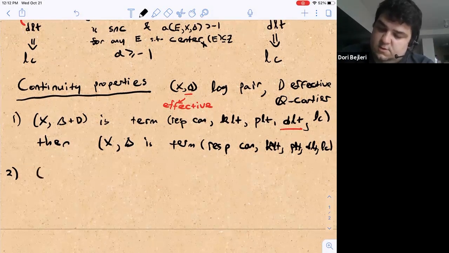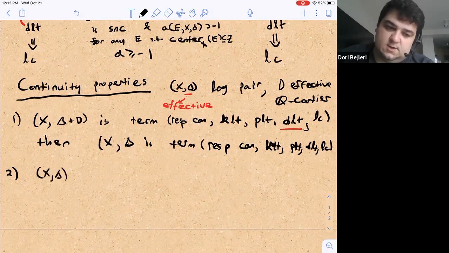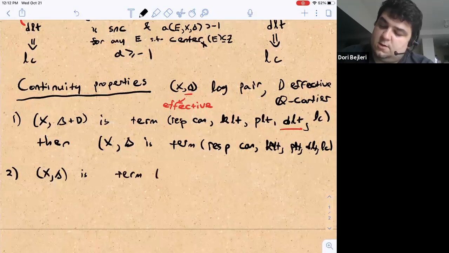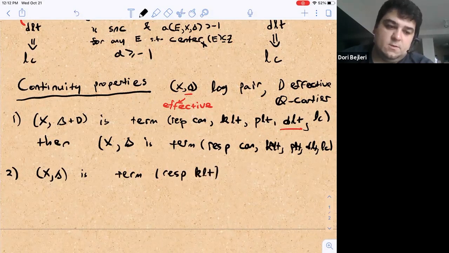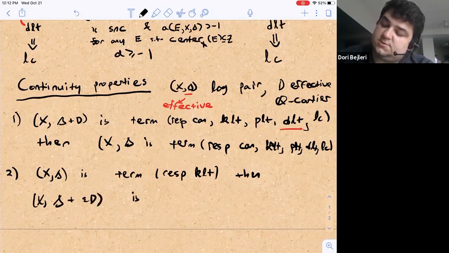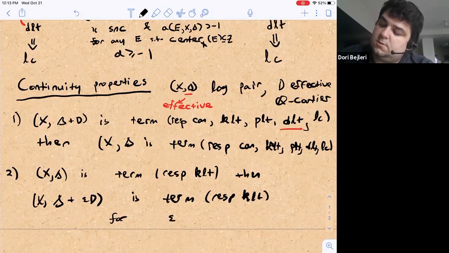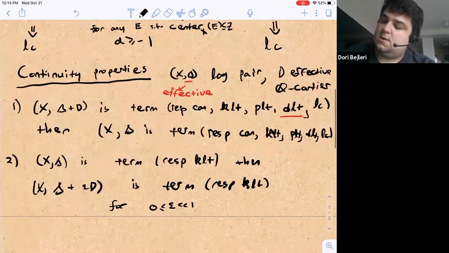2, if (X, Δ) is terminal or respectively KLT, then (X, Δ + εD) is also terminal or KLT, for ε small enough.